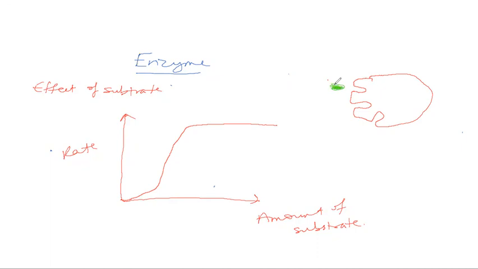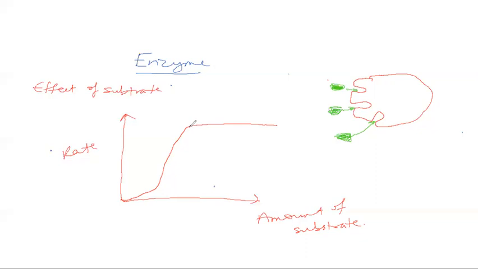As I increase the number of substrates, more of the active sites will be occupied. The more active sites that are occupied, the greater the rate of the reaction. So it keeps increasing because a lot of the active sites are being bound, and the rate of the chemical reaction increases.